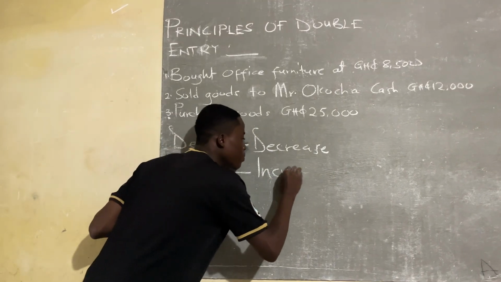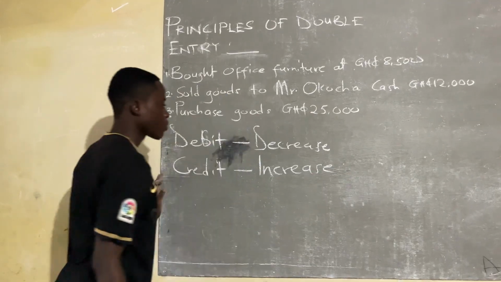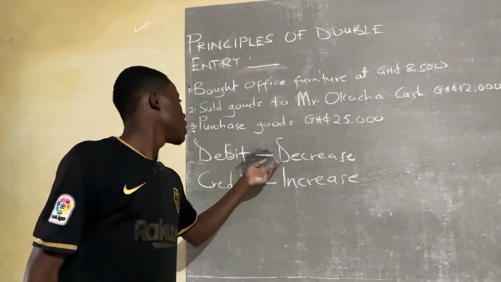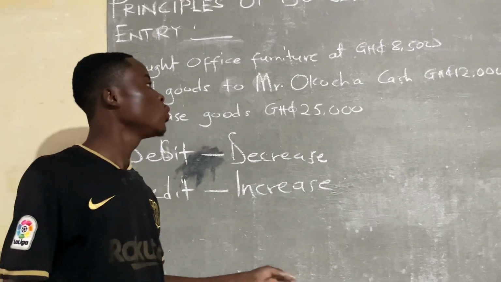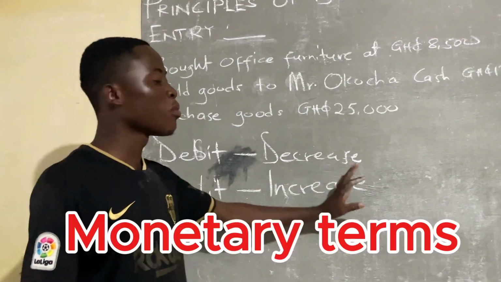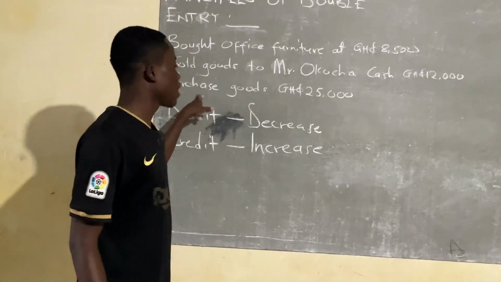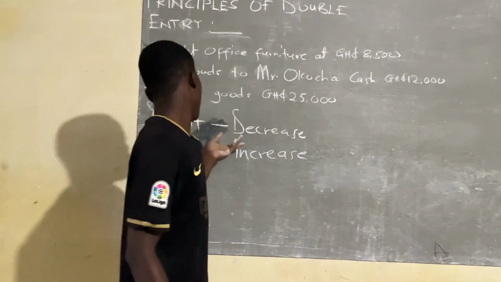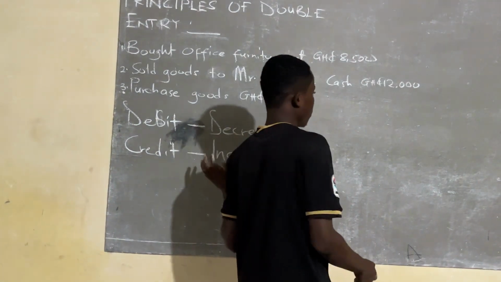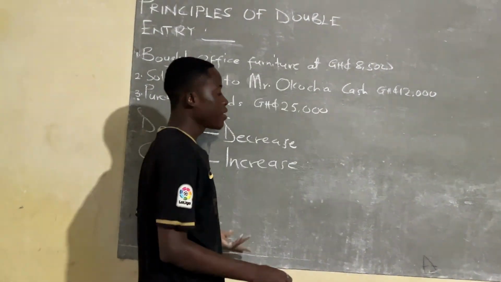Increase. Now, based on accounting, everything we do here, it's in monetary terms. Let's consider this particular transaction to confirm whether debit is decrease or increase, and then whether credit is decrease or increase.